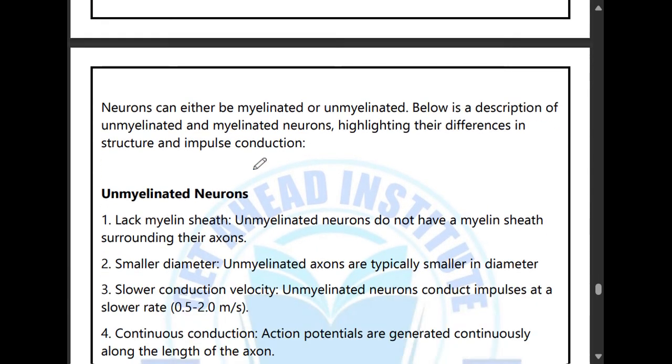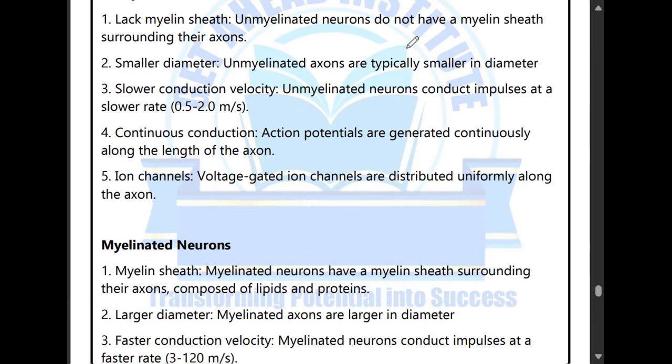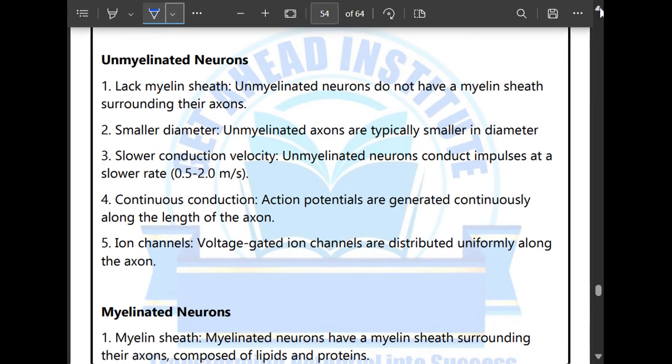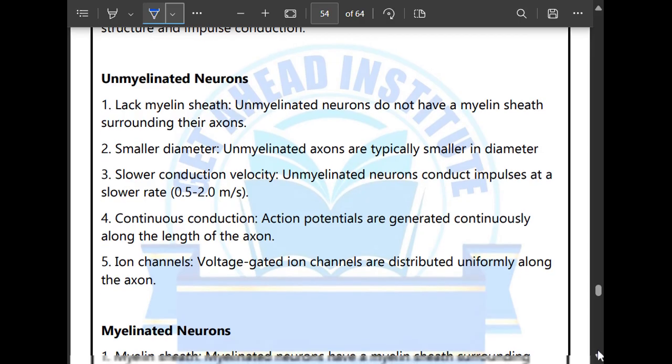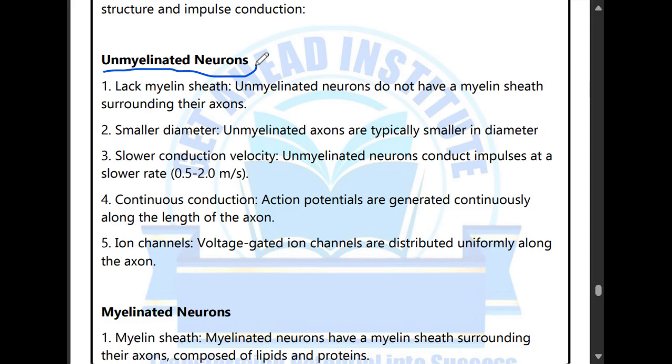Now neurons can either be myelinated, just as we have seen from the question, or they can be unmyelinated. Let's talk about the unmyelinated neurons.